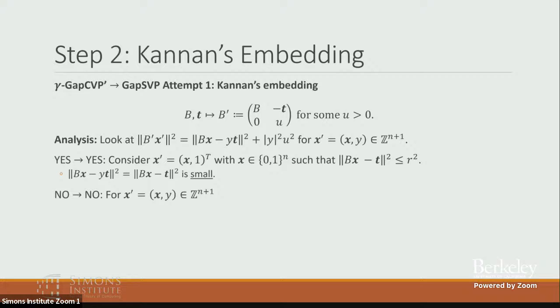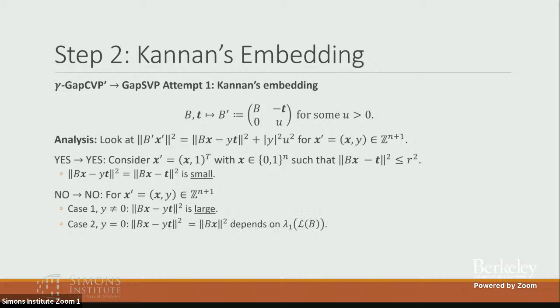So for the no to no analysis, now we want to show that for all non-zero coefficient vectors X prime, B prime X prime is large. Based on our promise from gap CVP, if Y is non-zero, this follows immediately.